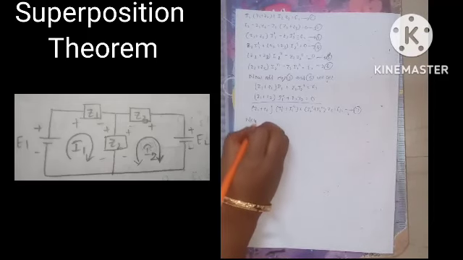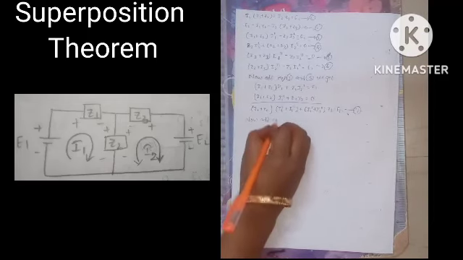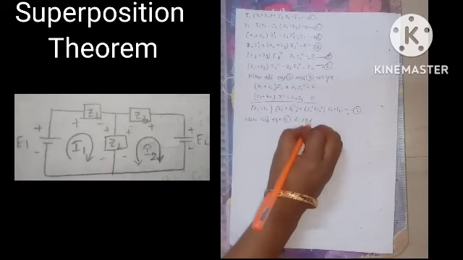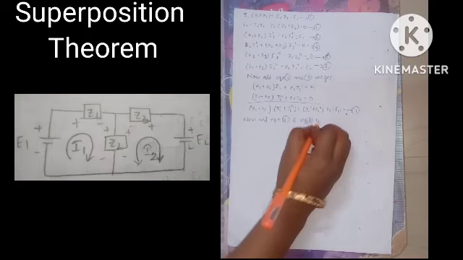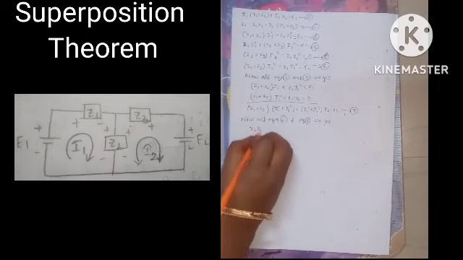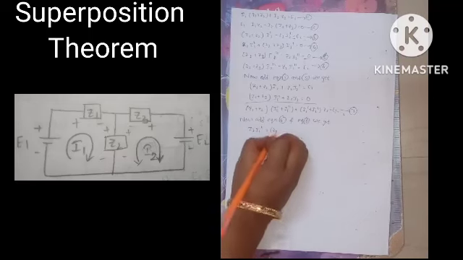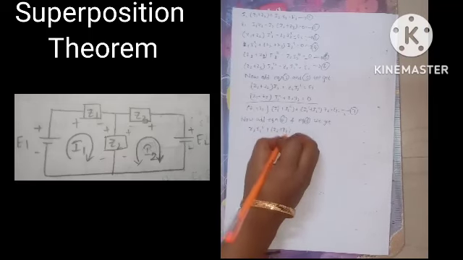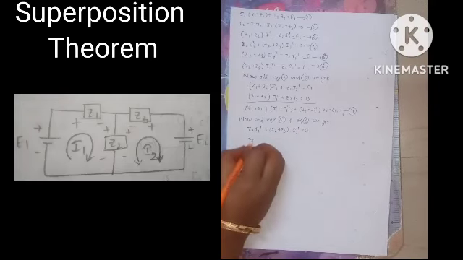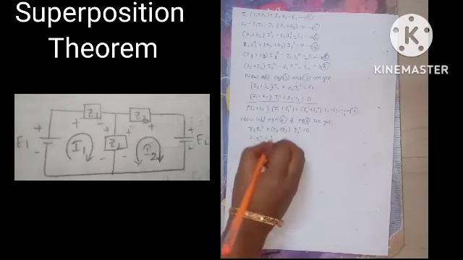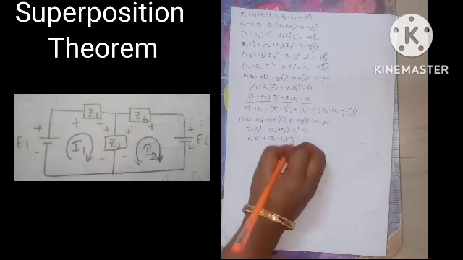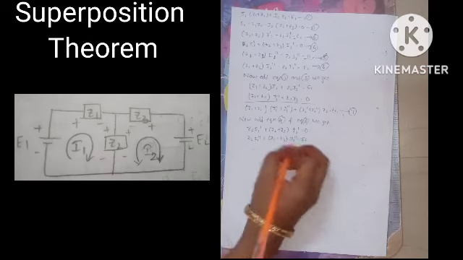Now add equation 4 and equation 6. We get Z2 I1 dash plus (Z2 plus Z3) I2 dash is equal to 0, and Z2 I1 double dash plus (Z2 plus Z3) I2 double dash is equal to E2.